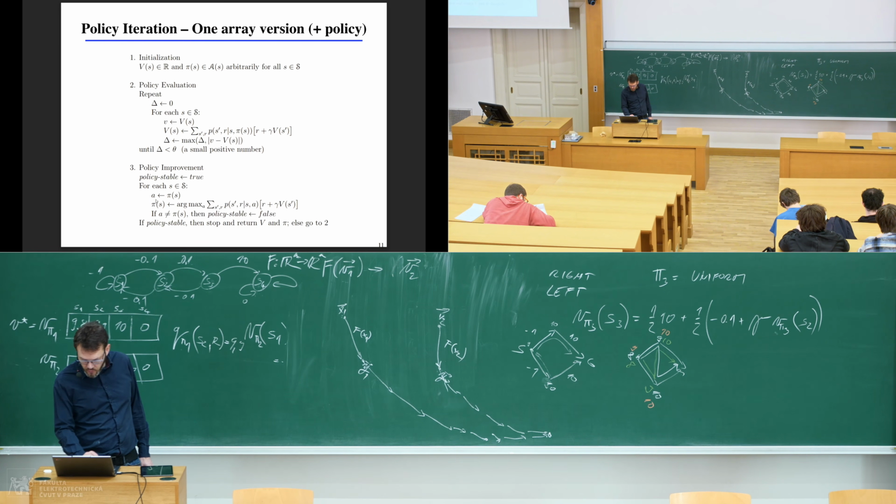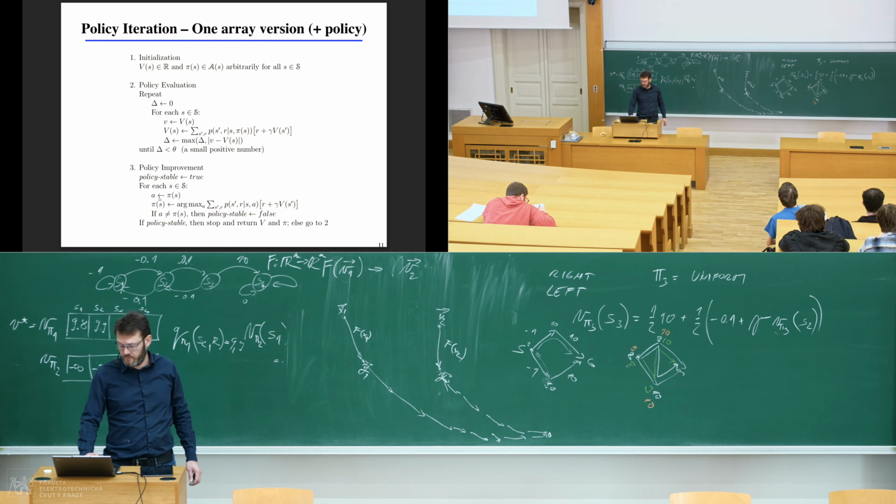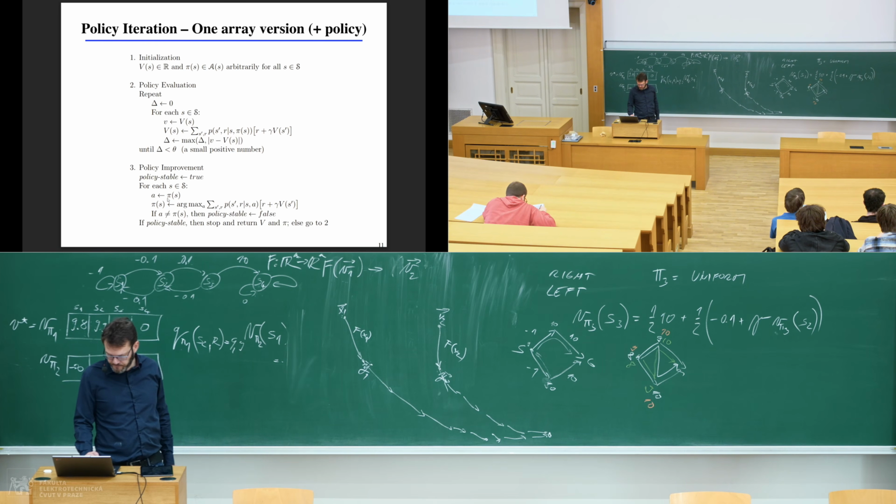For each state, you will sample an action from that policy. You will find the best action, the greedy action with respect to that policy, as the new policy in that state.